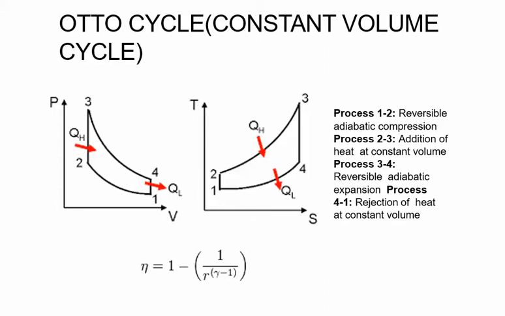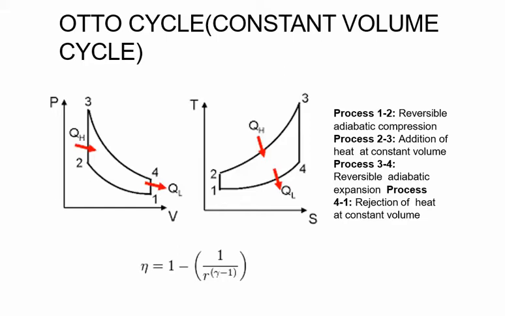The Otto cycle is the basic phenomenon by which our petrol engine, or we can say SI engine, performs. Its efficiency is 1 minus 1 by R to the power gamma minus 1, where R is the compression ratio and gamma is the adiabatic constant, where for air the gamma value is 1.4.